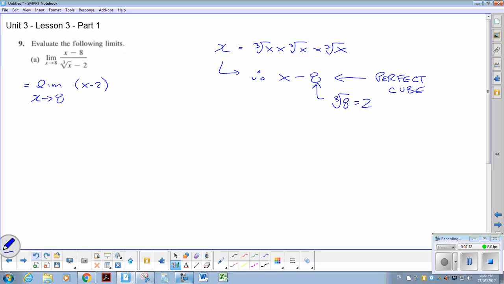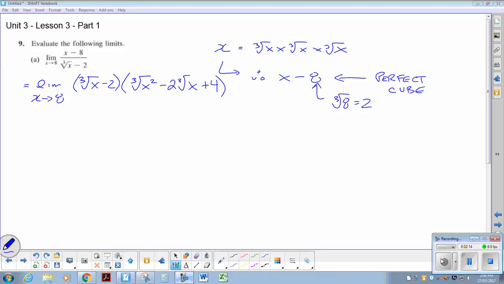So on top, we're going to have x, oops, not x, it'll be the cube root of x minus 2. So cube root of x minus 2 multiplied by, let's see if I can remember this off the top of my head, the cube root of x squared minus 2 cube root of x plus 4.